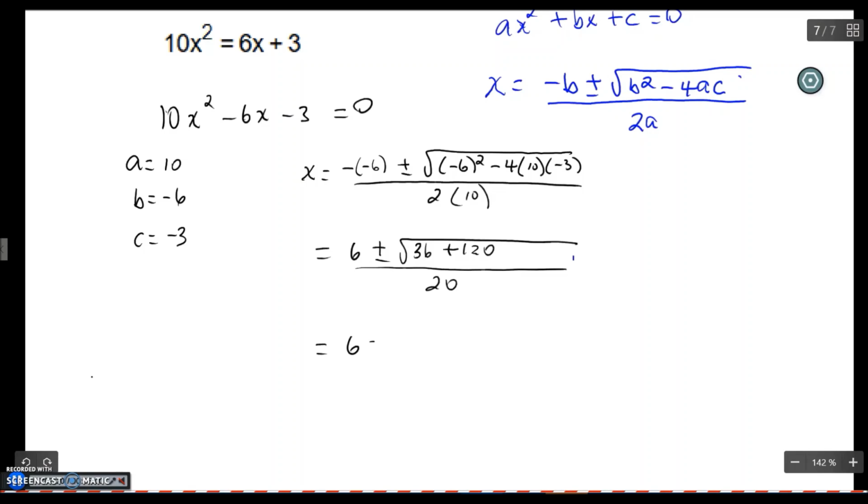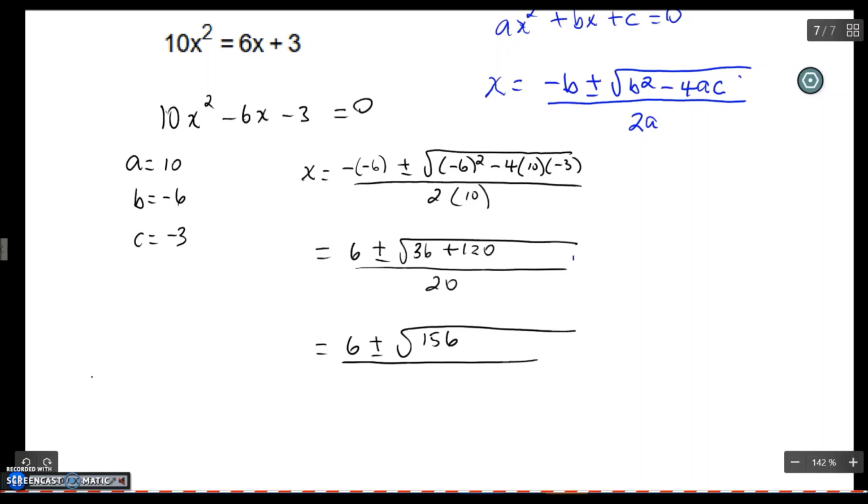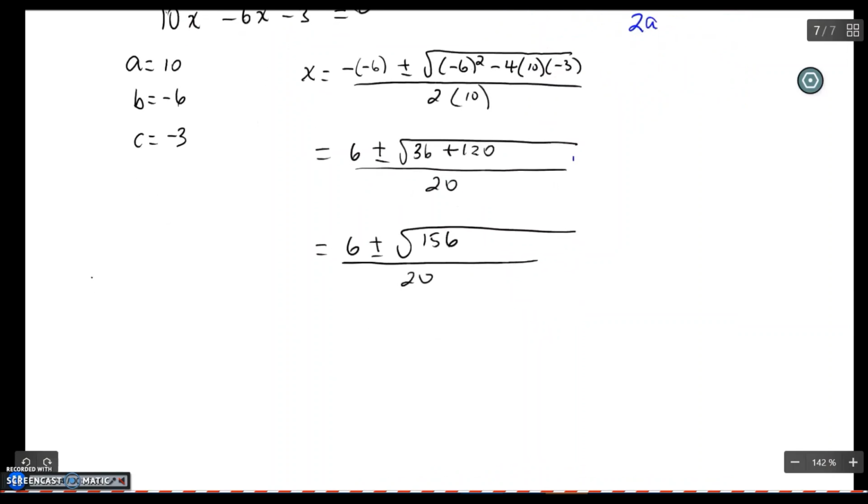So we have 6 plus or minus the square root of, well, 120 plus 36 would be 156 over 20.